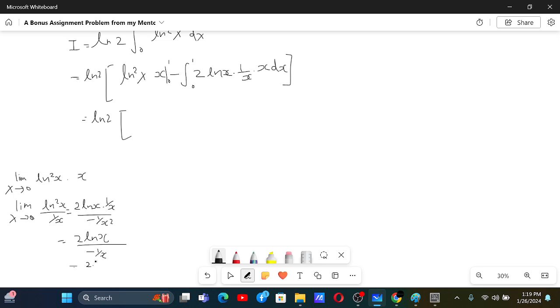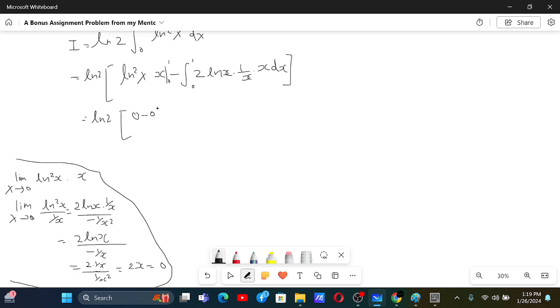So we have 2 times 1 by x over 1 by x square. Now this will be 2x, and now x tends to 0, so that will be 2 times 0, that's 0. So you see why this expression is 0. Now at 1 this is 0, and at 0 also this is 0.